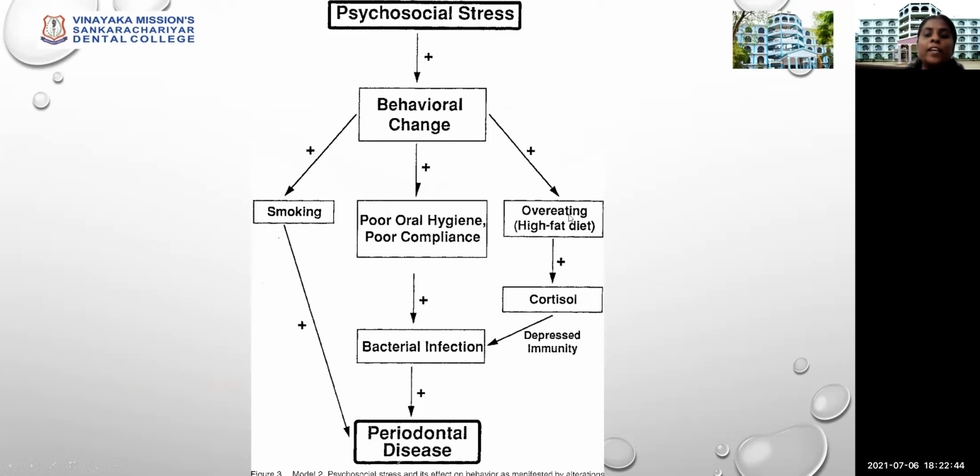Or overeating leads to increased production of cortisol, the hormone, which leads to depressed immunity, leading to bacterial infection, and that leads to periodontal disease. So the behavioral changes may be associated with smoking or overeating or poor compliance with oral hygiene, leading to periodontitis. And stress and smoking are also associated with each other in causing periodontal disease.